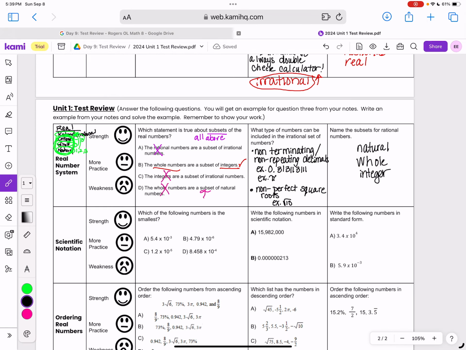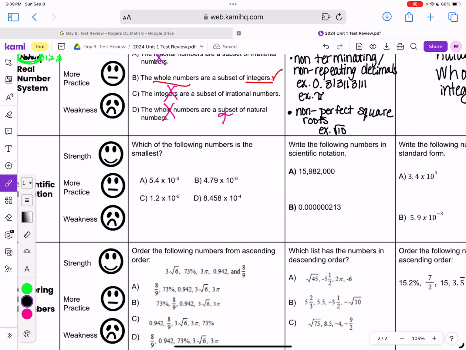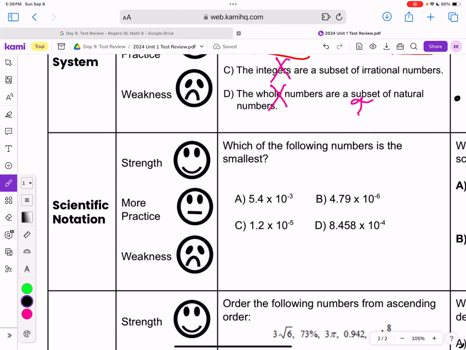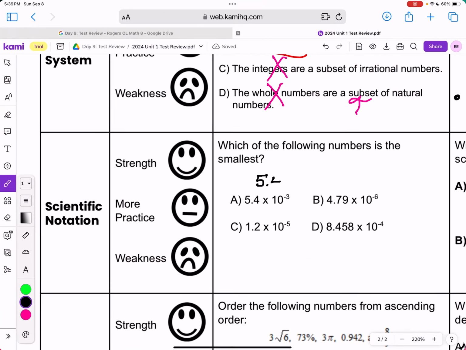So we want to figure out which of the following numbers is the smallest, okay? So this right here is going to go back 3 spaces. 1, 2, 3.